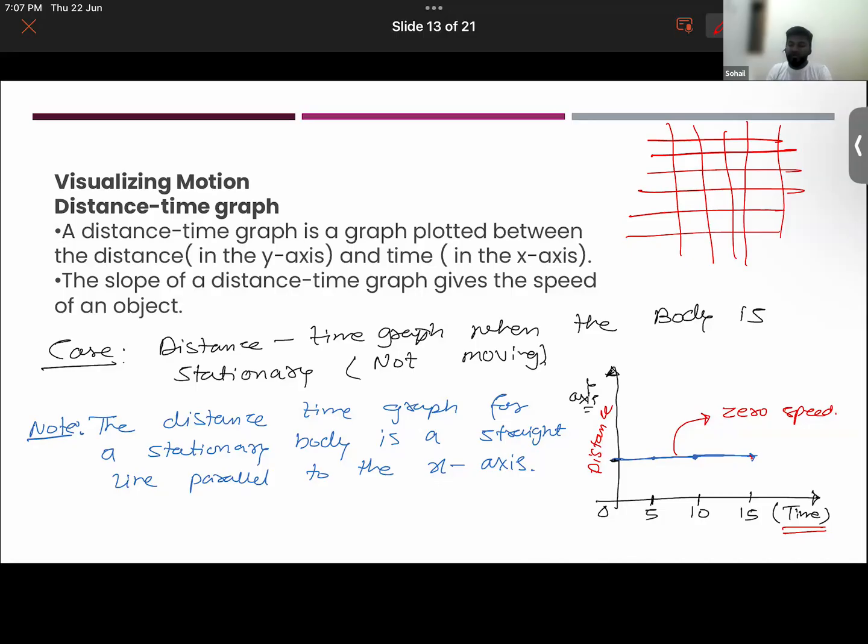In this graph, you will see the smallest square will represent a distance of 1 centimeter. This side of the square will represent 1 centimeter on the graph. You could take millimeters also, but usually you will take it as 1 centimeter.